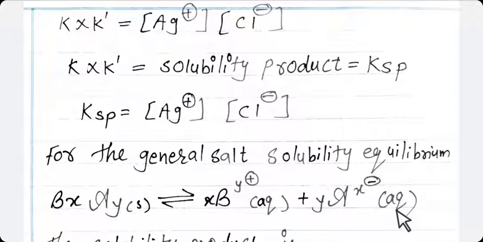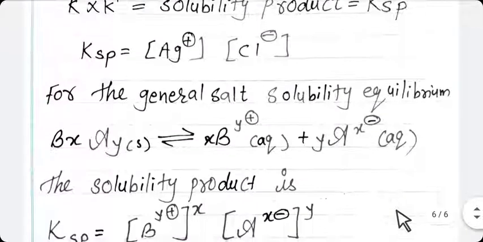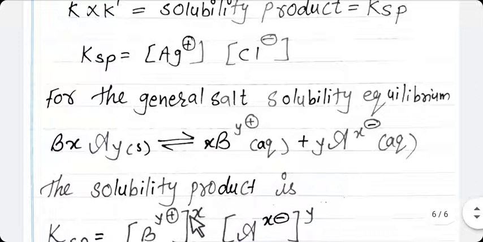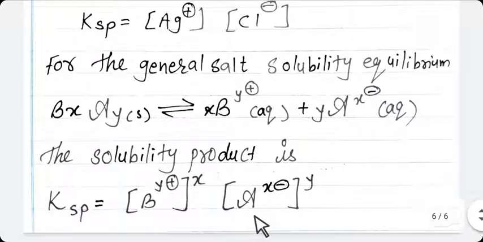The solubility product for this general salt is Ksp equal to concentration of B^y+ raised to x times concentration of A^x- raised to y. It is the formula for general salt solubility equilibrium. I hope you understand what is solubility product.